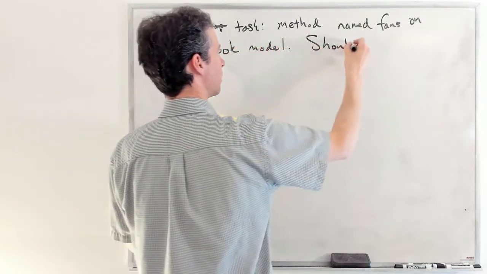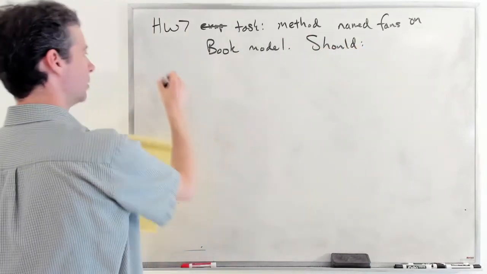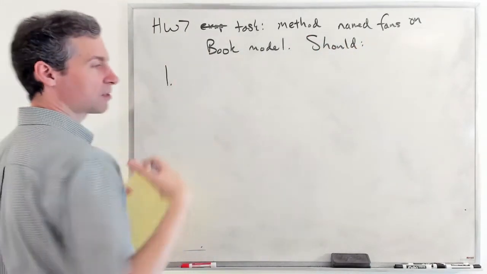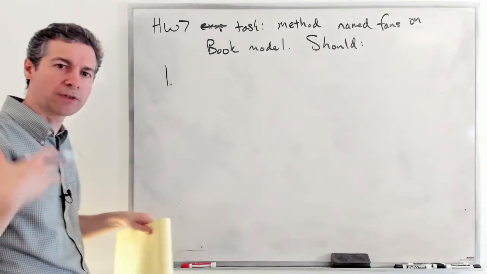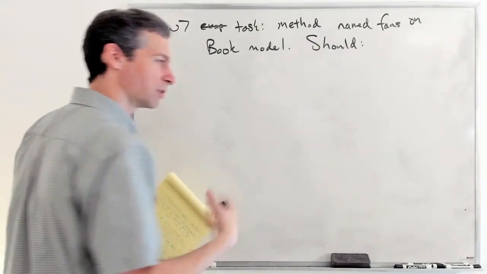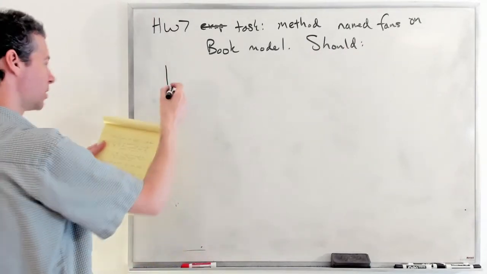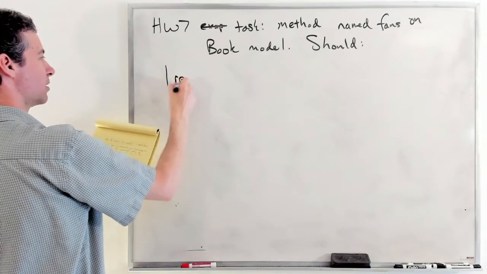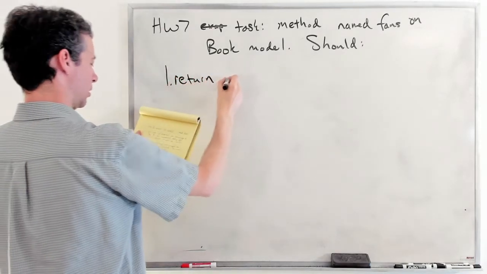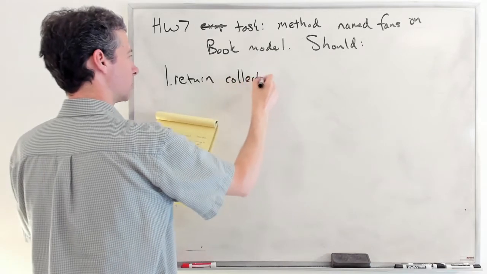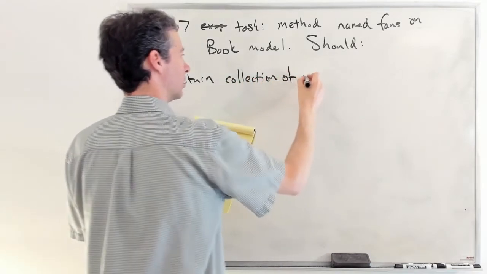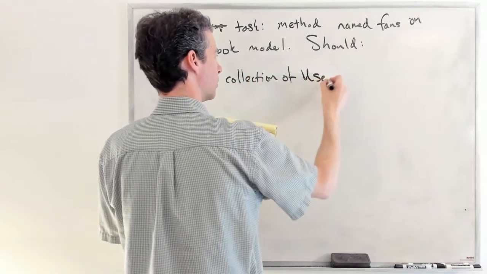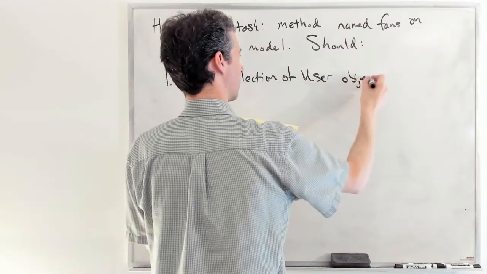And the fans method was supposed to do the following. One, these are the things you could extract from that specification for yourself as a checklist of things you would need to test. It needs to return a collection of user objects.